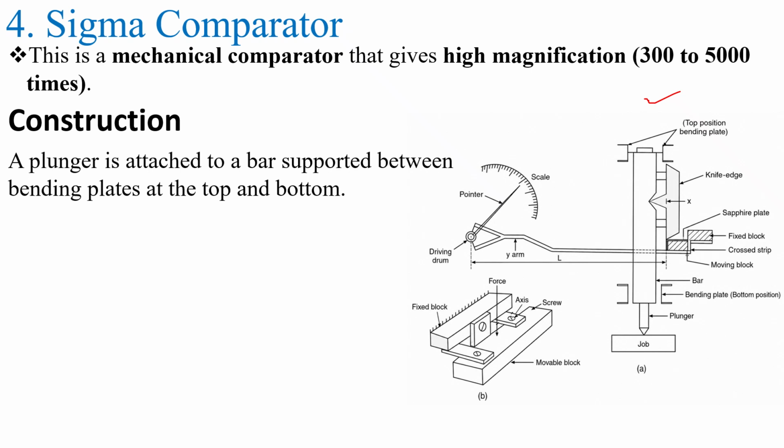Here observe, the plunger is attached to a bar. So this is the bar and this is the plunger. This plunger is attached to a bar which is supported between the bending plates at the top and bottom. One is at the bottom side, another one is at the top side.